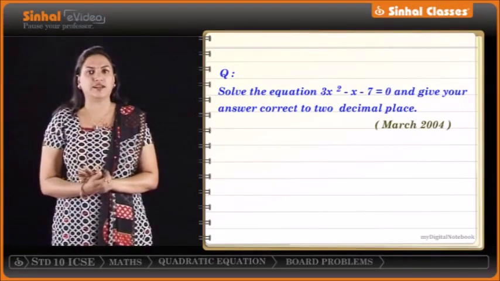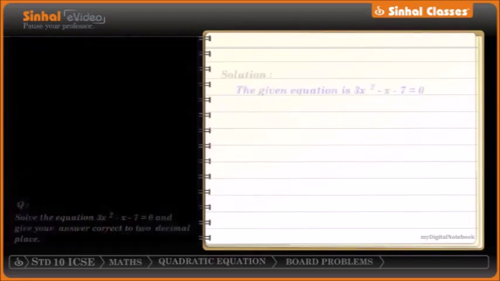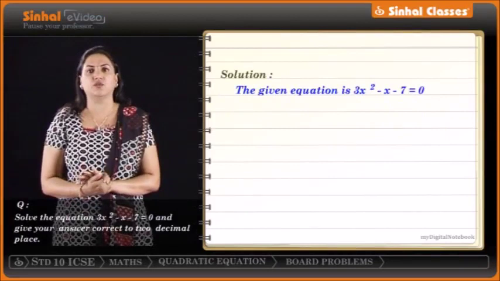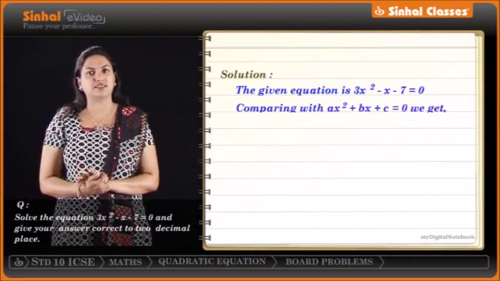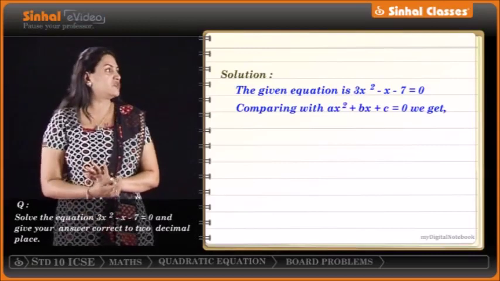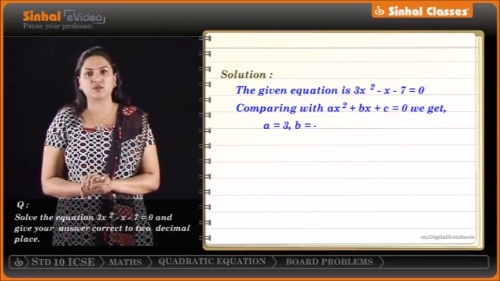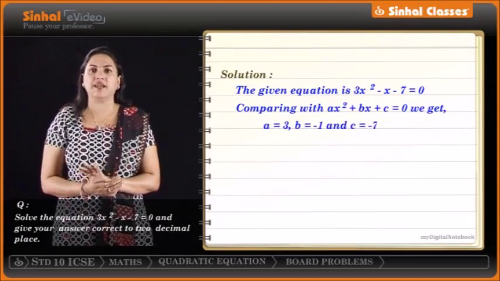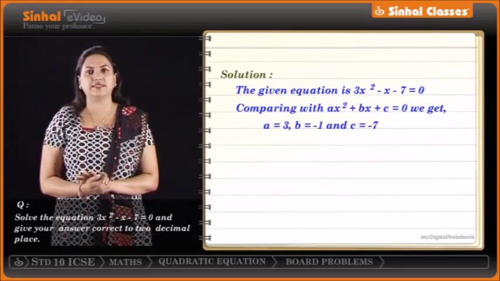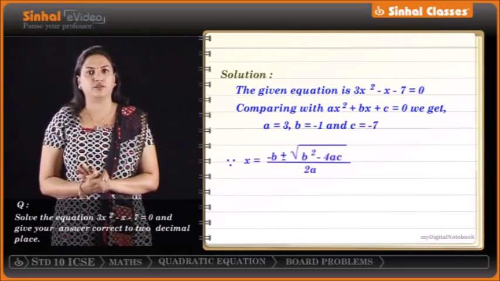Now the given quadratic equation is 3x square minus x minus 7 is equal to 0. We compare this with the standard quadratic equation to get a as 3, b as minus 1 and c as minus 7. Now we substitute these values of a, b and c in the formula for the roots.